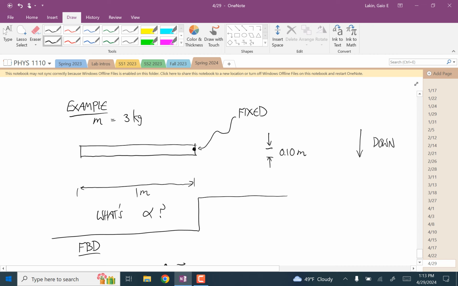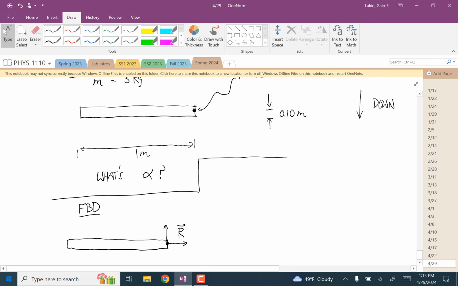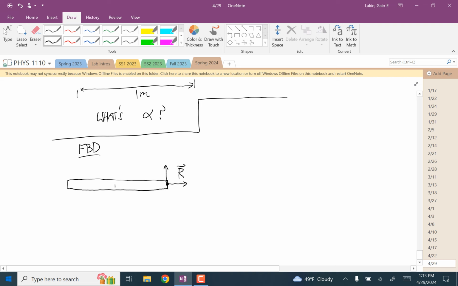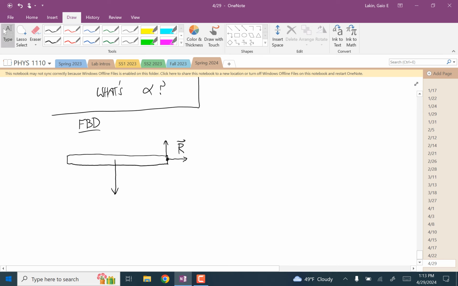Besides that force that's applied to the board by the fixed point, what other forces are acting? There's only one more. Gravity, yep. And that always acts at the center of the body. Okay, so be sure you always put the weight force at the body's center. And in this case, that's a force of 29.43 newtons.